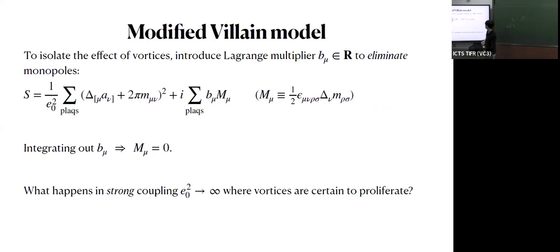Yes, so I believe if you turn on backgrounds for these respective symmetries, you should be able to see this in the continuum. There should be something like that in 4D, and there's literature on this. I expect there are people here that understand this a lot better than I do.